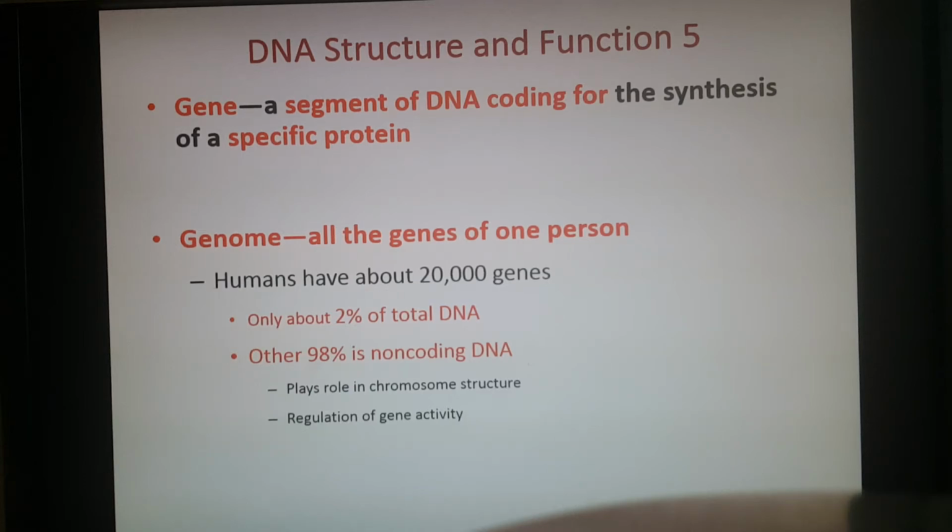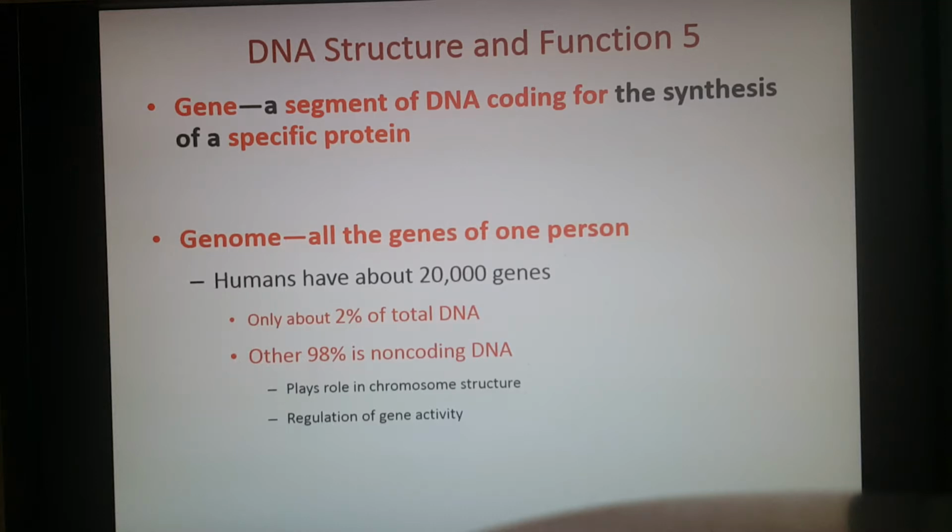It's either to help our chromosomes be in the right shape and structure when they're compacted into the X-shaped paired chromosomes, or it helps with regulating our gene activity. There are certain pairings either before the gene, in the middle of the gene, or on the end of the gene that allow us to turn the gene on or off depending on what cell that DNA is in.